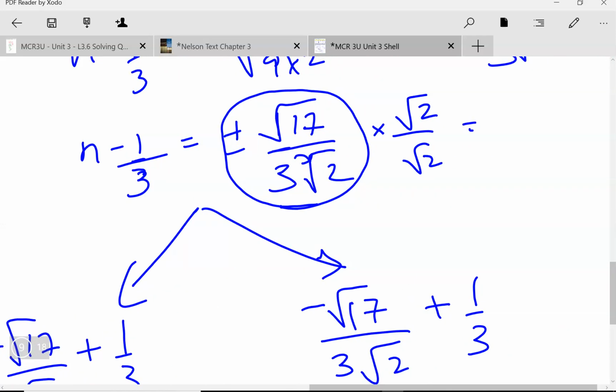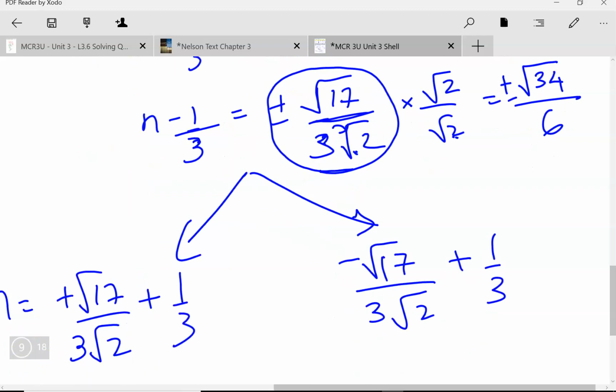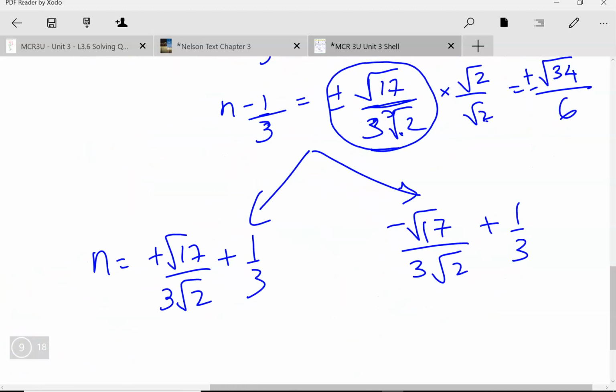So square root of 17 times square root of 2 is square root of 34, divided by root 2 times root 2 is 2, and 2 times 3 is 6. So this square root of 17 divided by 3 root 2 is actually plus or minus root 34 over 6, which is what we're going to write over here instead of this mess.